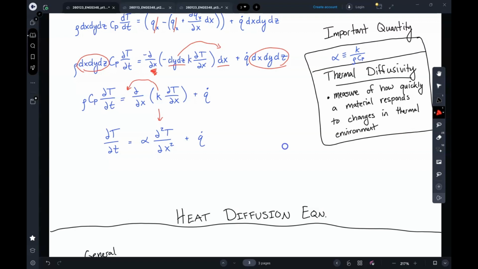Some materials actually do. If they're kind of unique and interesting, like the thermal conductivity in one direction is different than in another direction, sometimes we can have kind of interesting, unique things going on. But for a lot of materials, K is just a number, like maybe 5 or 10 or 0.1 or 0.01. And in that case, we can do this math.